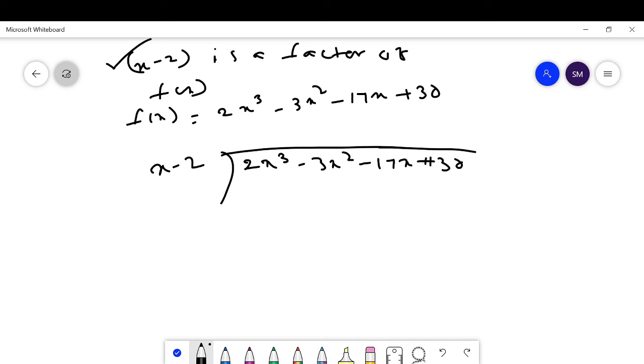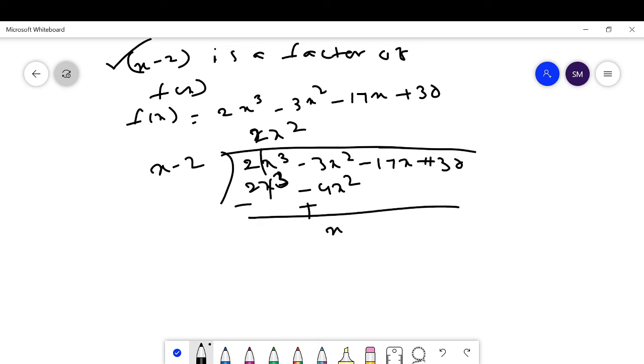What will be multiplied with x to get 2x cube? 2x square. Then this is 2x cube minus 4x square. Subtract. You get x square minus 17x plus 30.